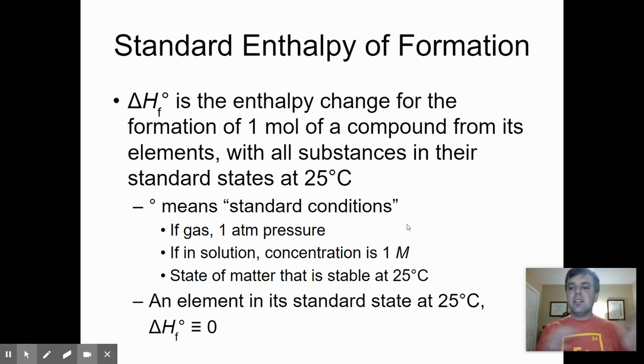So they've just taken all the elements on the periodic table and said their standard enthalpies of formation are 0. Oxygen gas, O2, is how oxygen is stable at 25 degrees Celsius, and its standard enthalpy of formation is 0. H2, it's 0. Solid aluminum, standard enthalpy of formation at 25 degrees Celsius is 0.